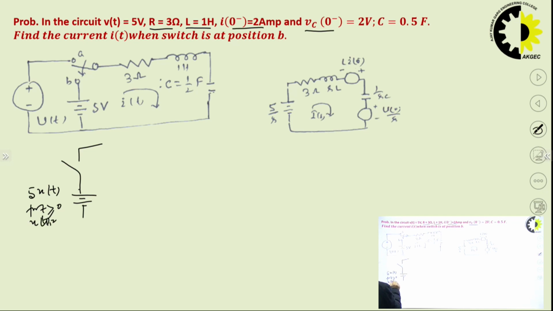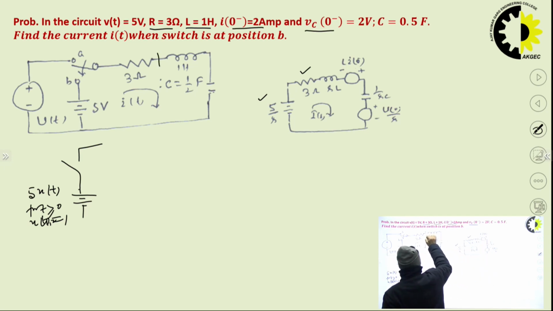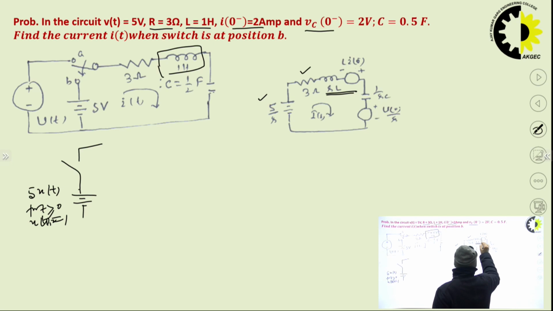If we take the Laplace transform of this, we will get 5 by s. Then the resistor and this inductor. For this inductor we are going to apply Kirchhoff's voltage law, so we draw it as sL and minus LI0.